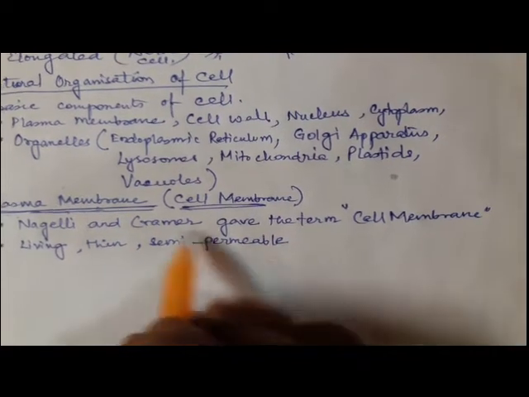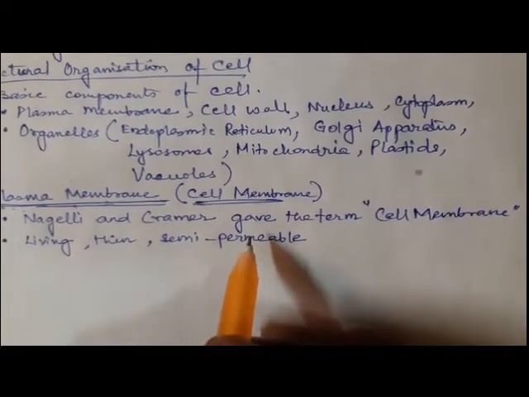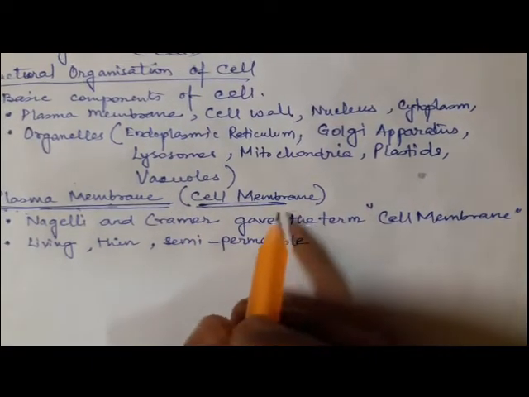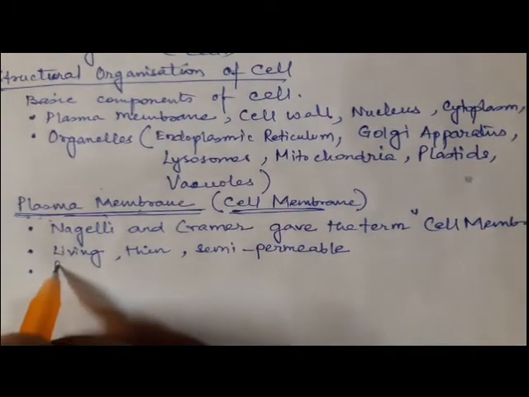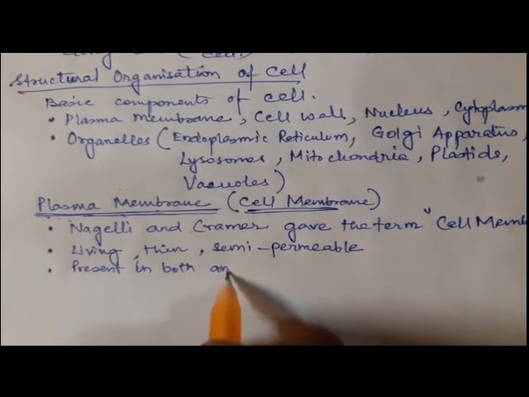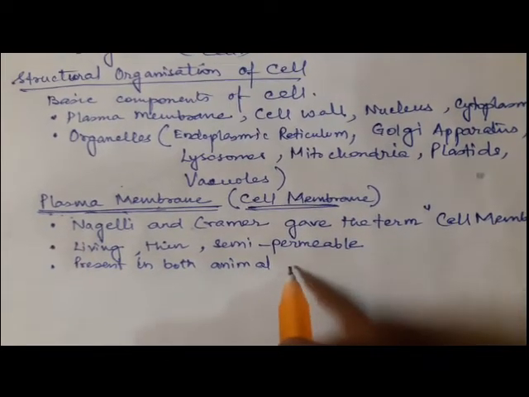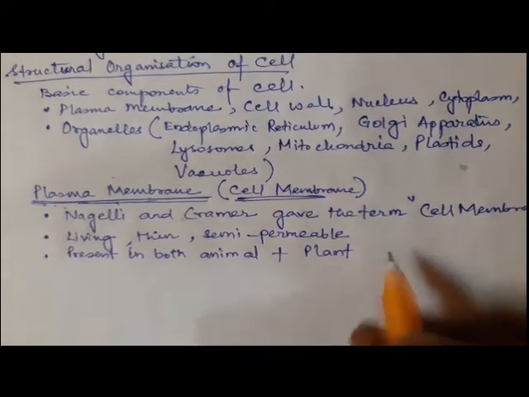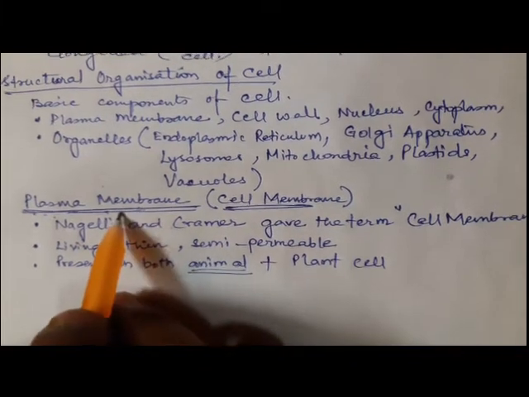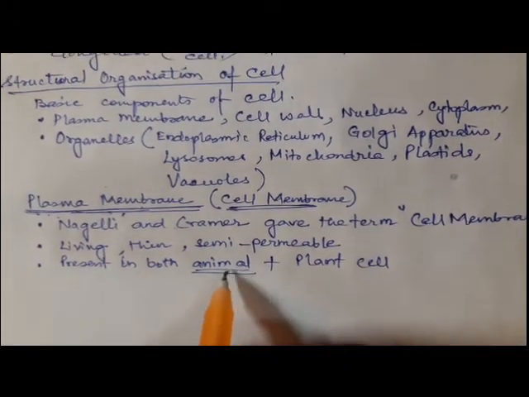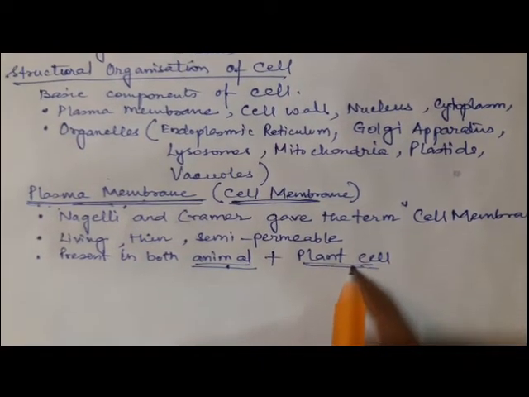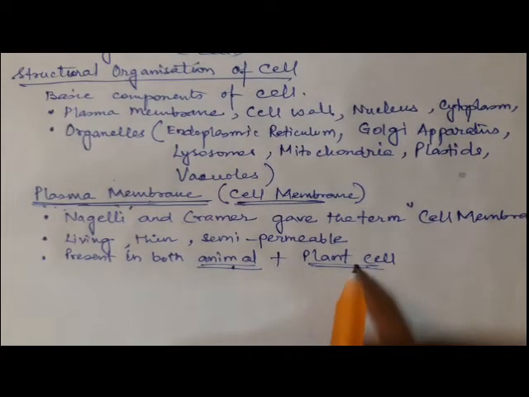That means it allows only certain substances to pass across the membrane, and it is seen to be present in both animal and plant cell. But in case of animal cell, it is the outermost layer, because in plant cell the cell wall is the outermost layer, right?